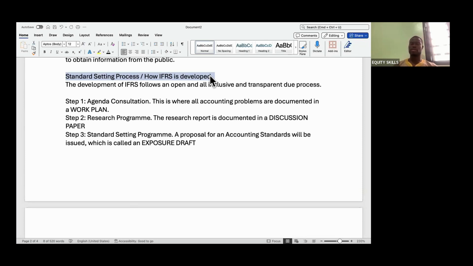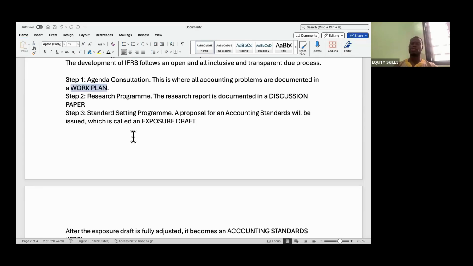I made you understand that the process of developing IFRS is an open, transparent, due process. Everybody is involved, in as much as you're interested. I gave you four steps, from agenda consultation, where they come up with a work plan, to the research program, where they document their research reports in a discussion paper, which ultimately will be sent out to the public for discussion.